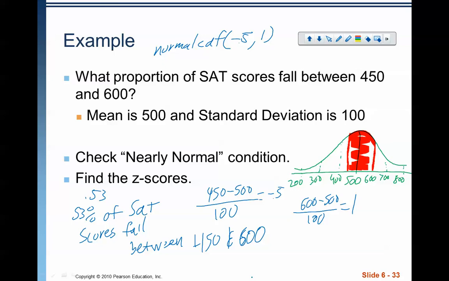And I want you to do, you're going to do 29 through 31.